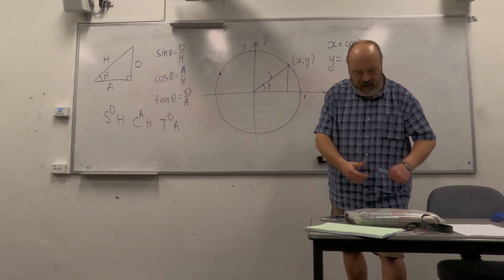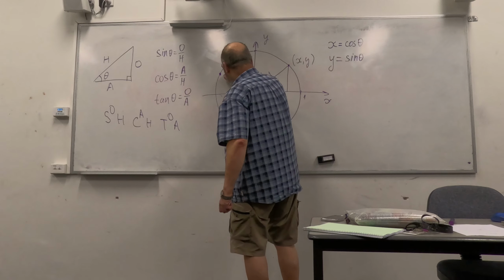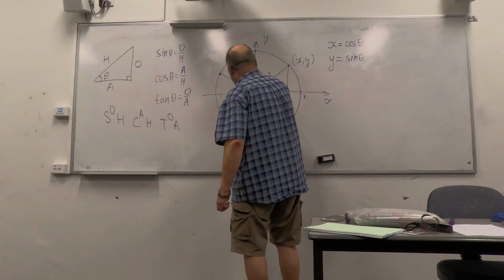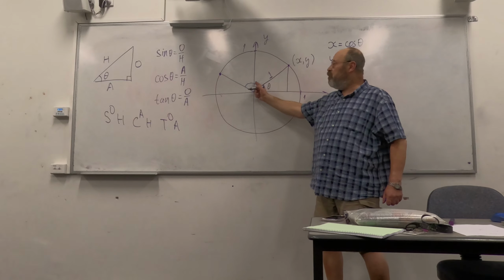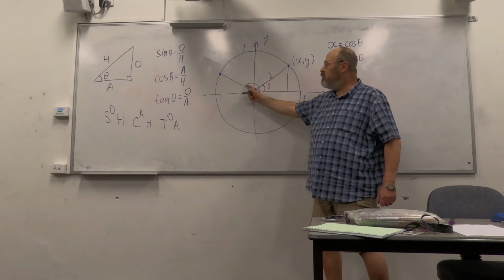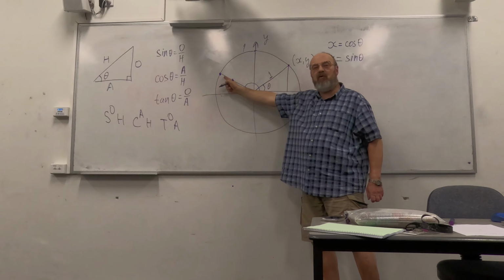So this will be the angle. Now we can have sine and cos of angles more than 90, whatever angle. What will be the sine and cosine of this angle? Cosine will be the x coordinate of this point, sine will be the y coordinate.